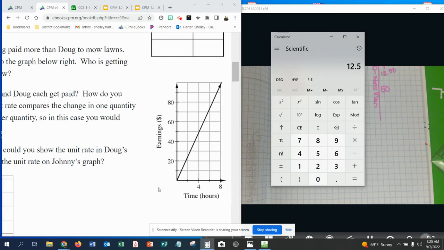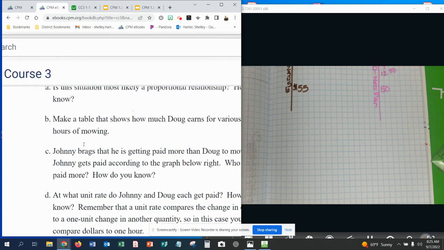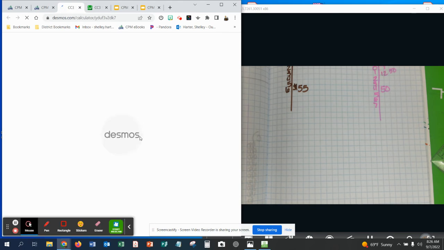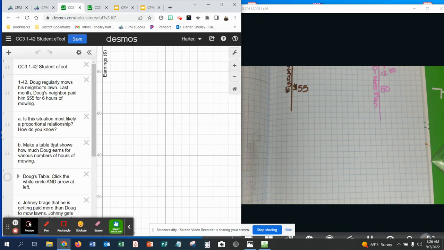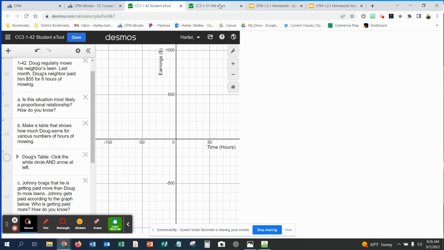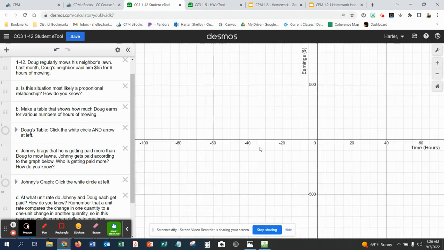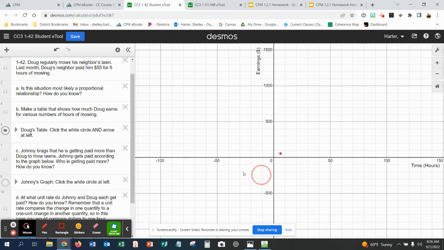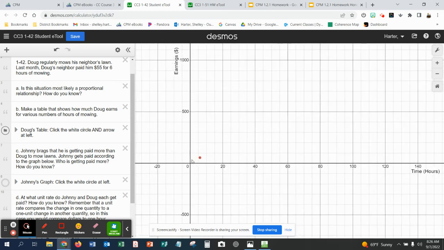Okay, could you show this on a graph? Now the cool part is for this one, we can do it on our Desmos activity. So we can go right here, and we could start doing Doug's table. Let's make sure this is full screen. Cool. What you can do is click on the white circle and start playing with it.